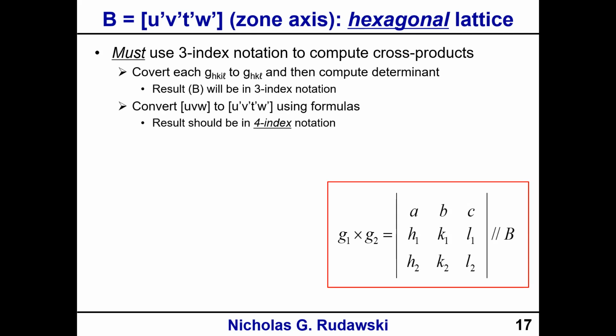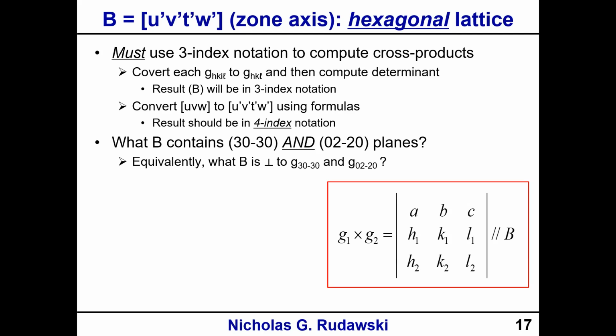You could show this mathematically, which would be maybe a neat video to do, but I'm not going to do it here. Then what we have to do is convert it to 4-index notation using the formulas that we established earlier. Really quickly, we could ask a question like this: what zone axis contains the 303 bar 0 and 02 2 bar 0 planes?